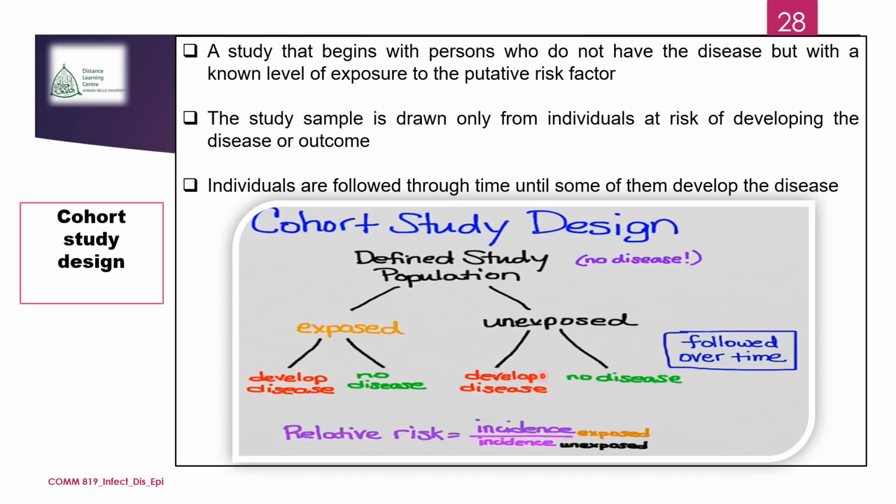Okay, so here we talk of incidence ratio. When you compare the incidence in the exposed over incidence in unexposed, then based on that, you interpret your result, just like in odds ratio.